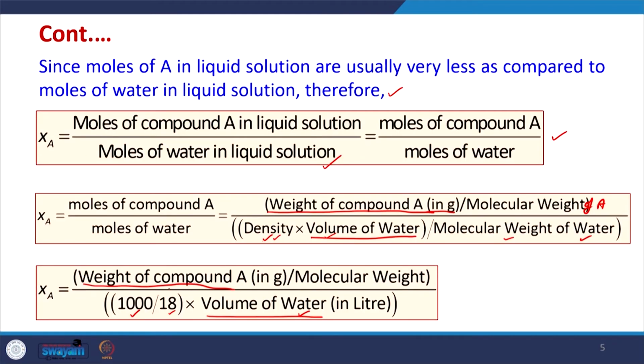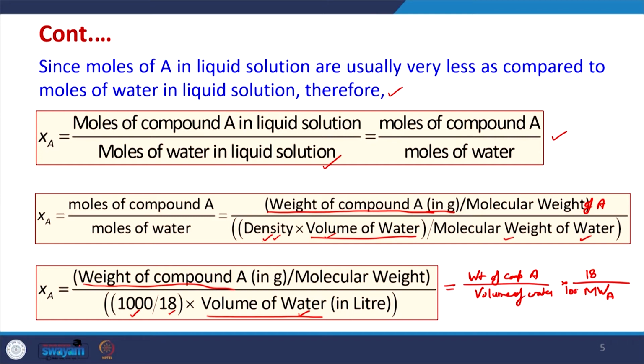So it becomes weight of compound A divided by volume of water, and in addition there will be the molecular weight of compound A at the bottom, and similarly 18 will go up, divided by 1000.